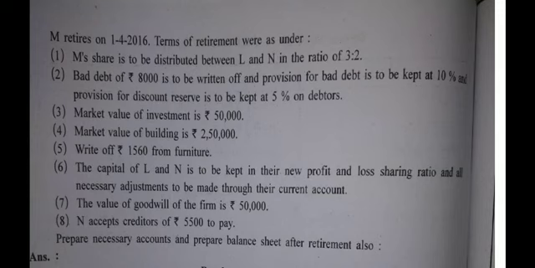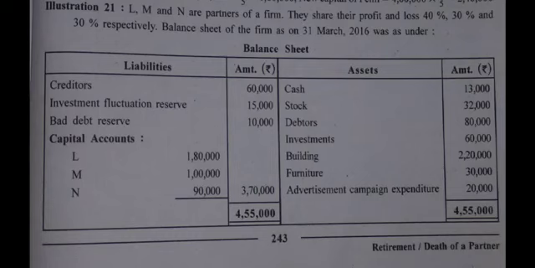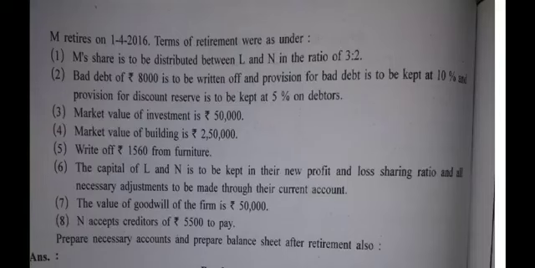Try to understand. I'll repeat this. The position of debtors is 80,000 here. Bad debt reserve is 10,000. Your adjustment says write off 8,000 as bad debt. Your second adjustment has 3 parts, and we are dealing with the first one.